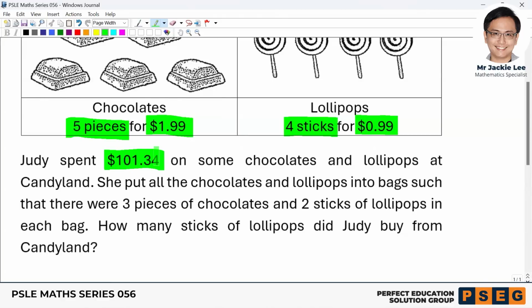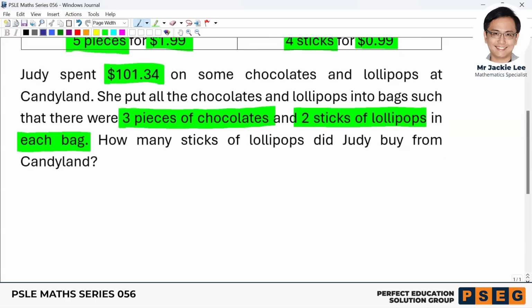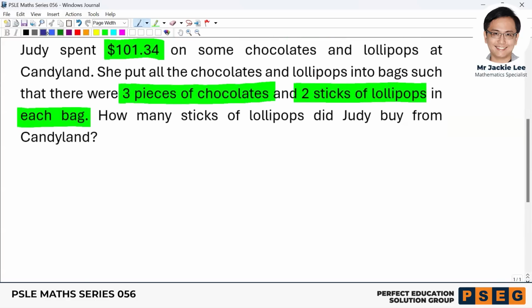Now she's going to pack 3 pieces of chocolate and 2 sticks of lollipop in each bag, right? So at first, how many lollipops did Judy buy? Okay, now first of all, I think we have to form 2 columns, one for chocolate, one for lollipop.